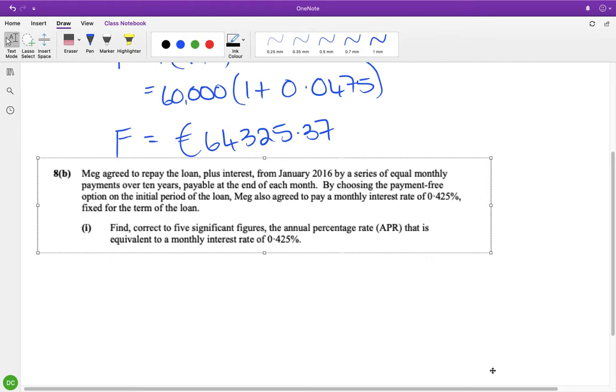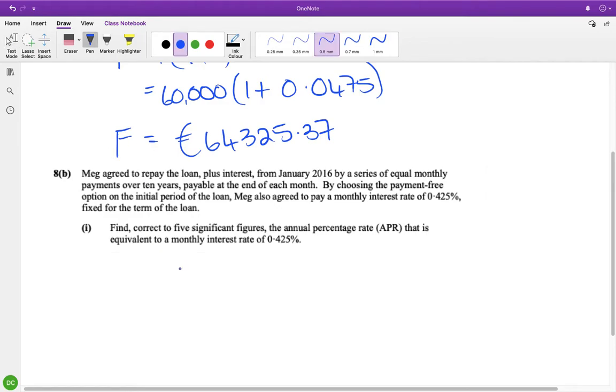Find correct to 5 significant figures the annual percentage rate that is equivalent to a monthly percentage rate of 0.425. Right, so when you're doing these, you use that same formula as up above. So it's this formula.